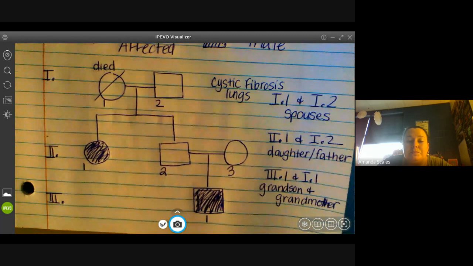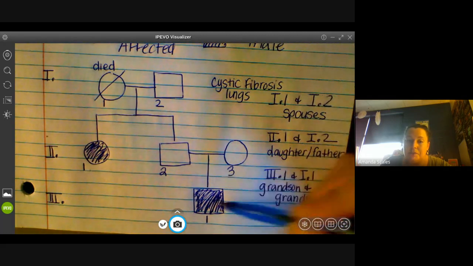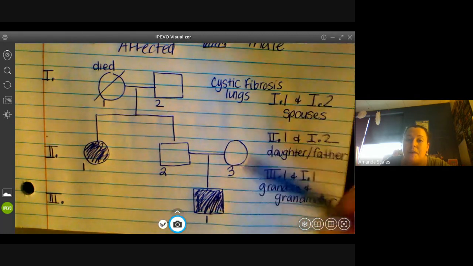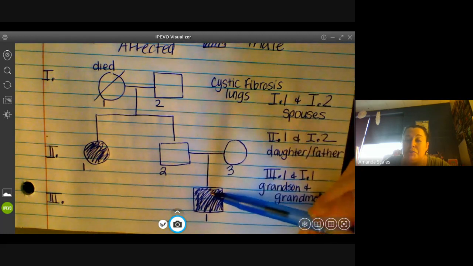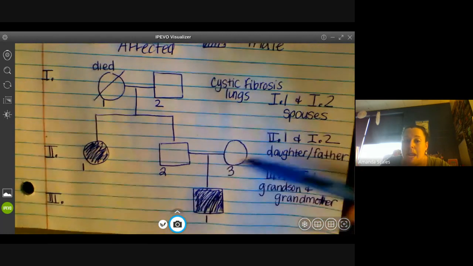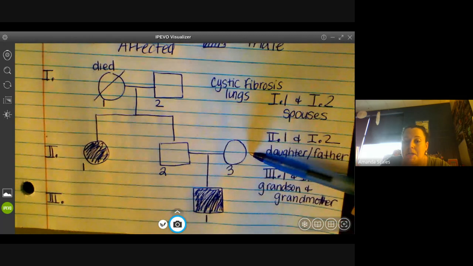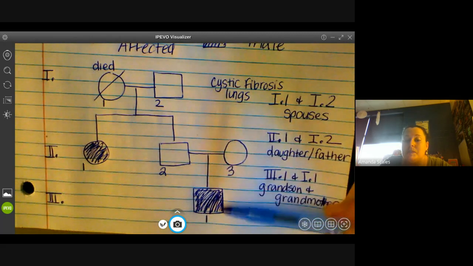All right. Now, let's look down here at this particular family. Whenever you have a disease like cystic fibrosis show up in the children but not in the parents, like you can see here, then that shows that most likely this disease is going to be recessive.